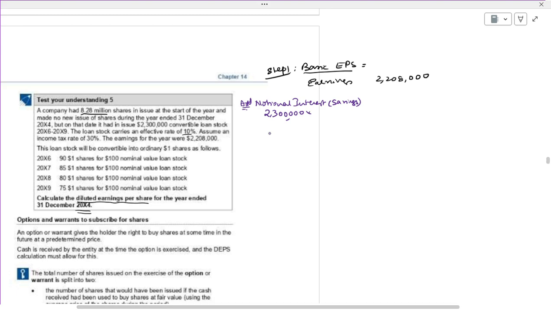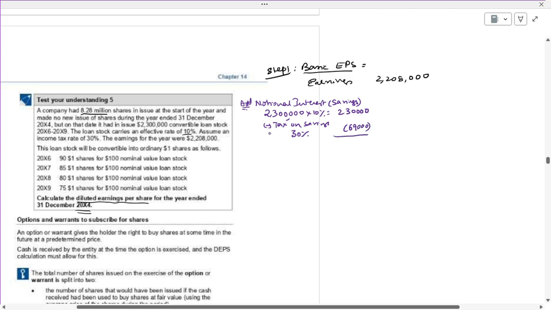2.3 million times 10% comes to 230,000. You are saving 230,000 in interest. On this 230,000 saving, you have to pay tax. What is the tax rate? 30%. 230 times 30% comes to 69,000.